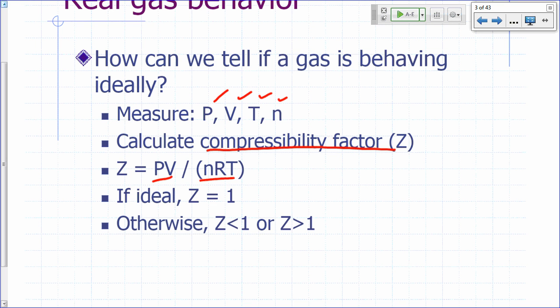And so if the gas is behaving ideally, PV is equal to nRT, so PV divided by nRT will be equal to 1. So the compression factor of a gas is equal to 1 if it's behaving ideally. Otherwise, if you see deviations from 1, then you're going to get a value of Z that's significantly less than 1 or greater than 1. So that's how you can tell.